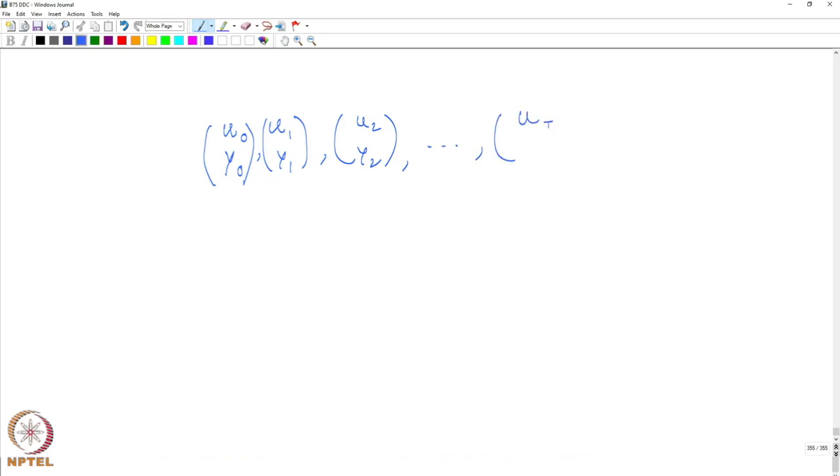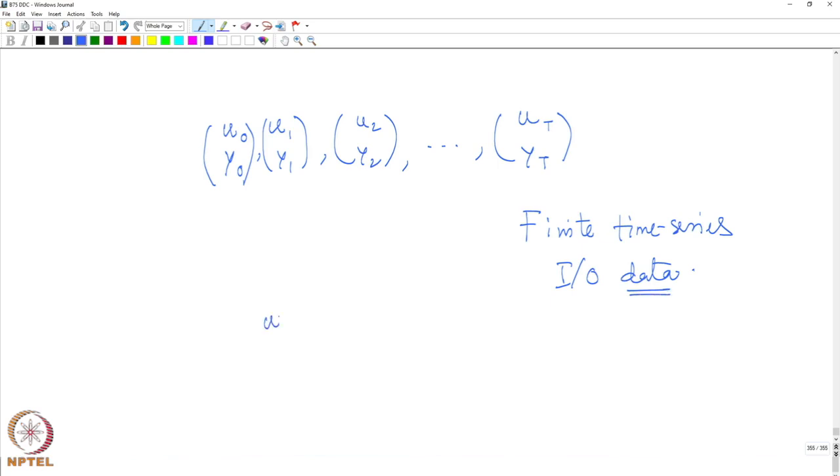You can take t or t minus 1, does not really matter. I write t because it is cumbersome to write t minus 1 all the time. So this is a finite time series input output data.